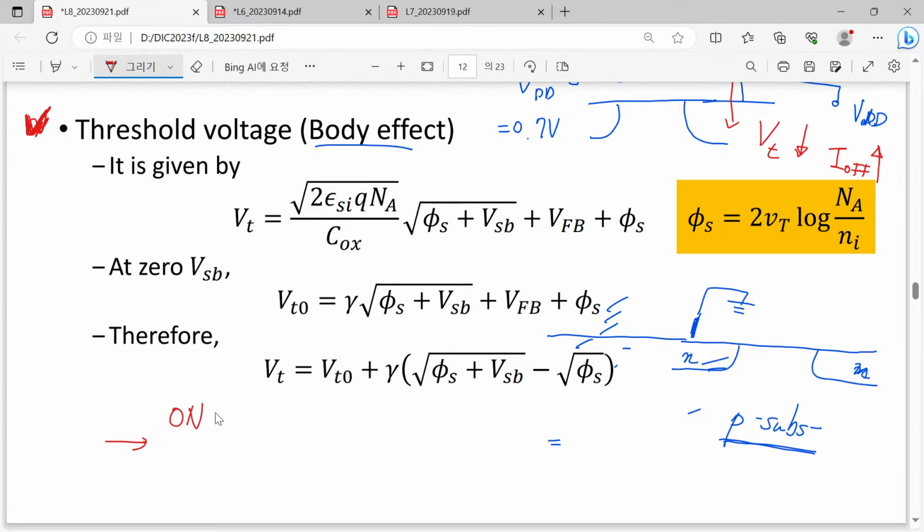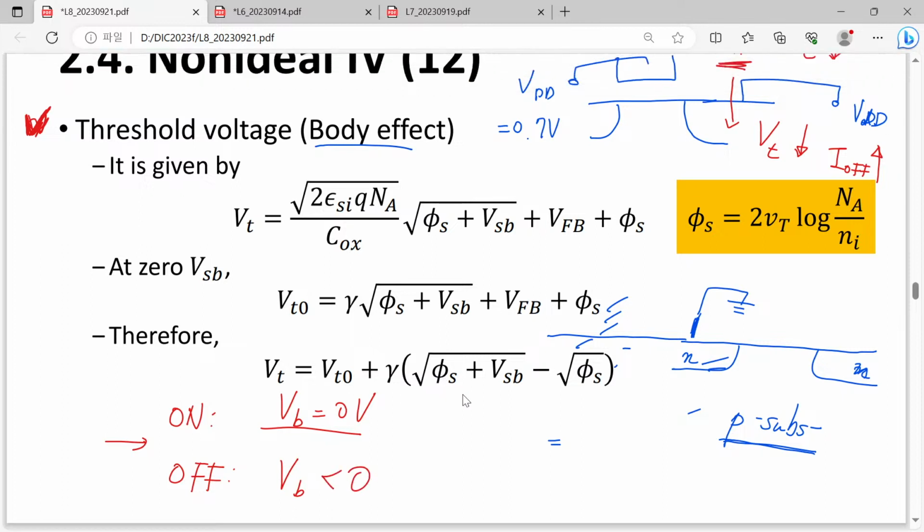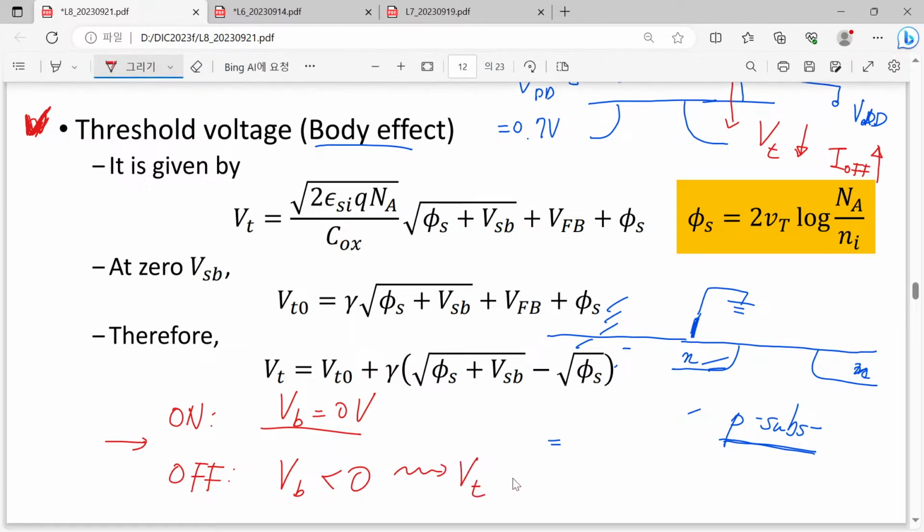When we turn on our device, we just bias our body at 0 volt, then we will have the normal threshold voltage. But when we want to turn off that device, please apply a negative bias voltage. This will increase your threshold voltage, and this immediately reduces the off current quite a lot.